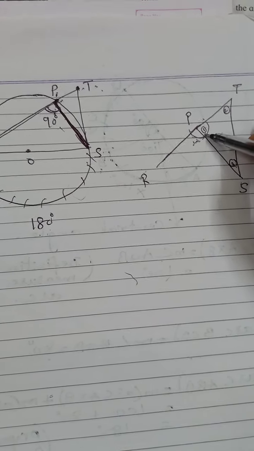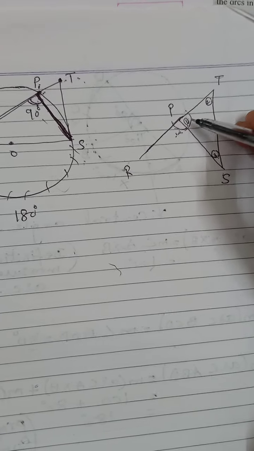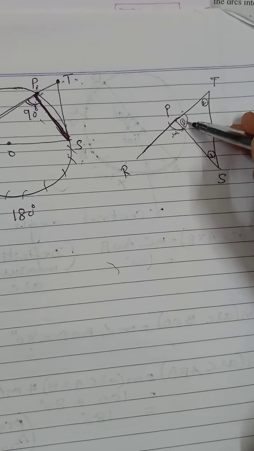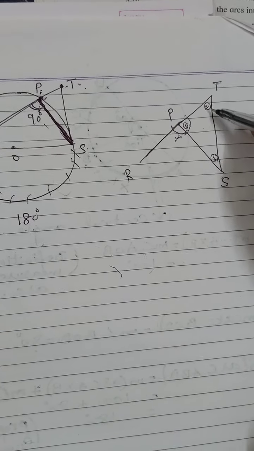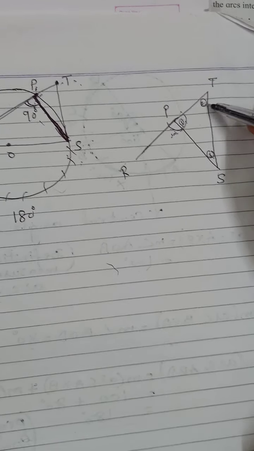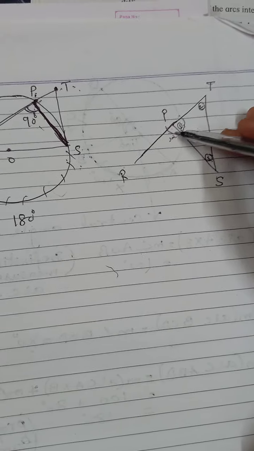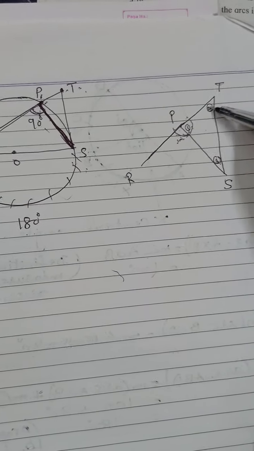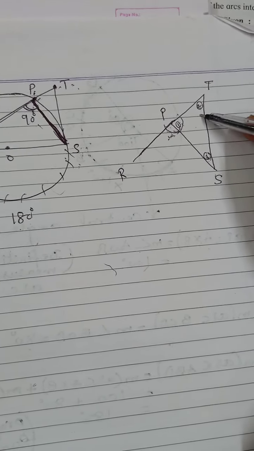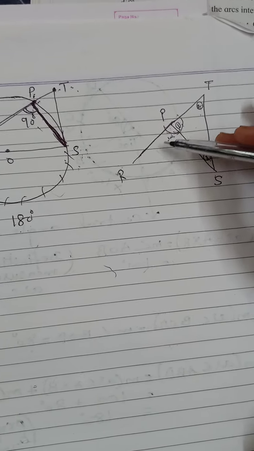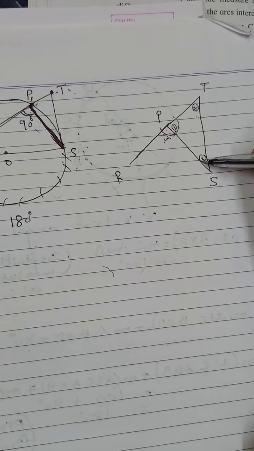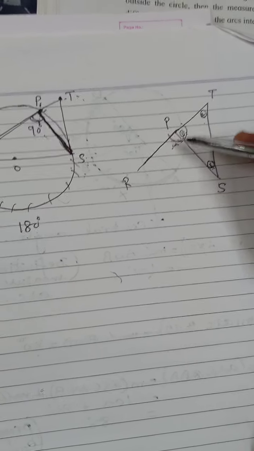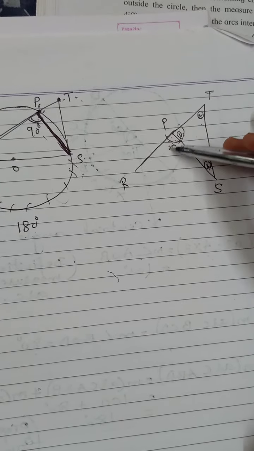So we will not take this angle. Other than this angle which is making a linear pair, the other 2 angles also remain here. So the second angle and third angle are the 2 angles of a triangle which are not making a linear pair with the exterior angle. Angle 2 and angle 3 are not making a linear pair, but angle number 1 is making a linear pair.